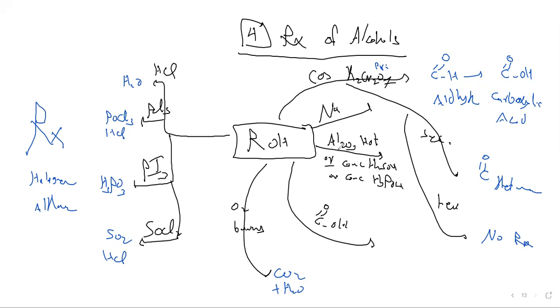After that, for the reaction with hot aluminum oxide, or concentrated sulfuric acid, or concentrated phosphoric acid, it will produce alkene. And in case of reacting with carboxylic acid, it will form ester.